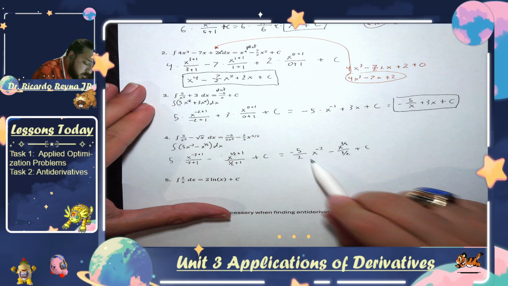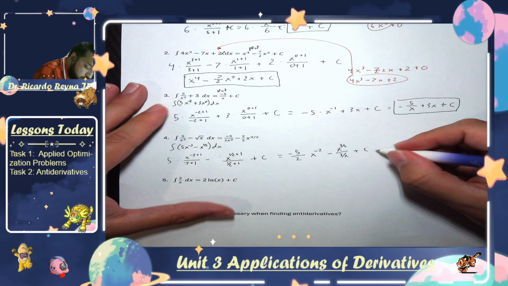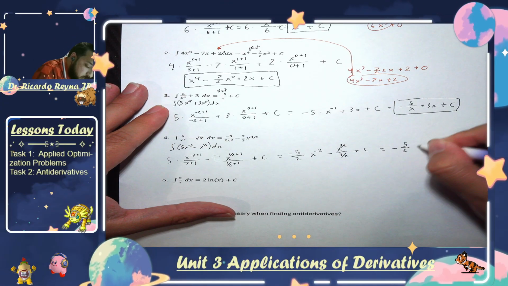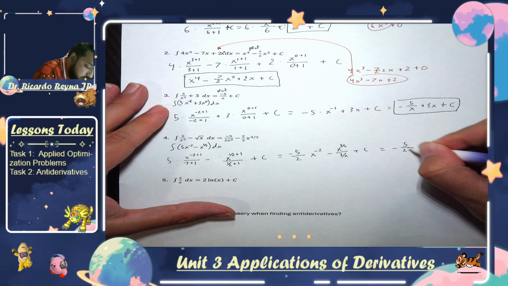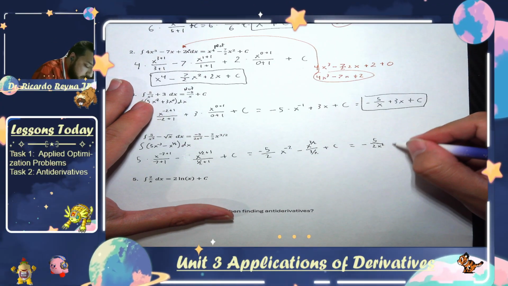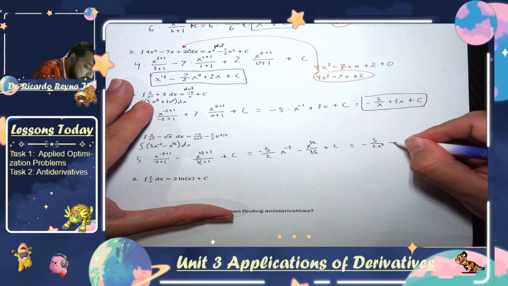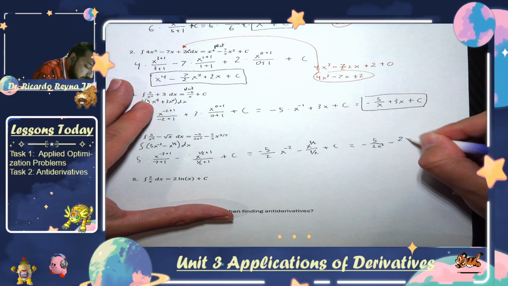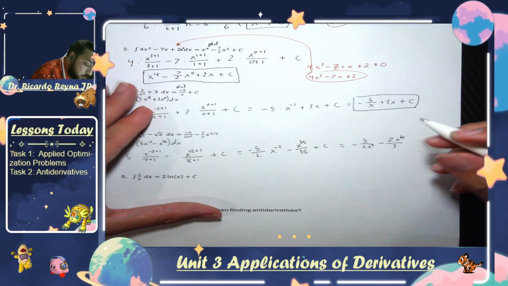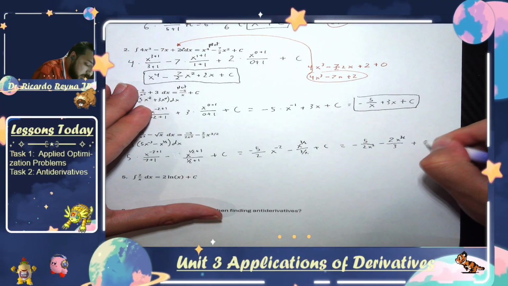I'm going to make this prettier and this prettier. Negative 5 over 2, or I'll go ahead and just send it to x squared here. And then here, this is negative 2x to the power of 3 over 2 over 3, and then plus c.